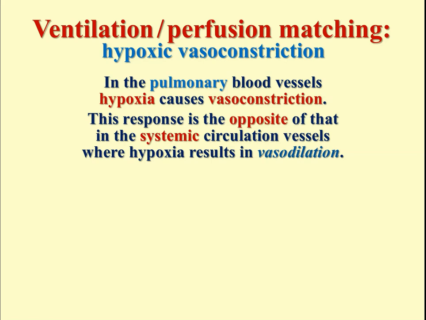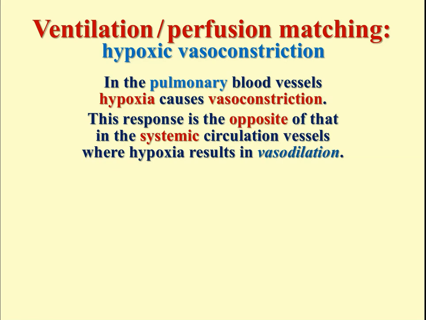Actually, this is a protective reflex which helps to maintain, if possible, more or less better ventilation perfusion ratio and blood saturation with oxygen. So here notice that local factors produce opposite change. In the systemic vessels we have vasodilation in response to hypoxia, but in the whole pulmonary circulation, there is hypoxic vasoconstriction.